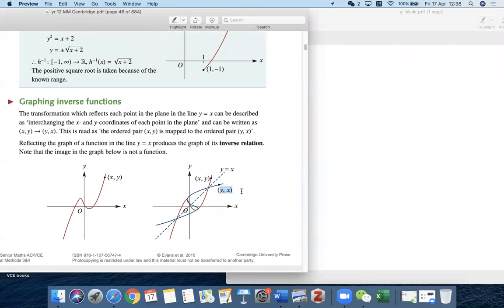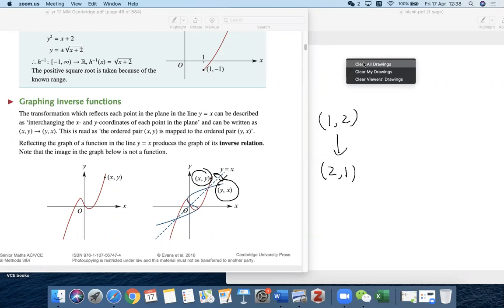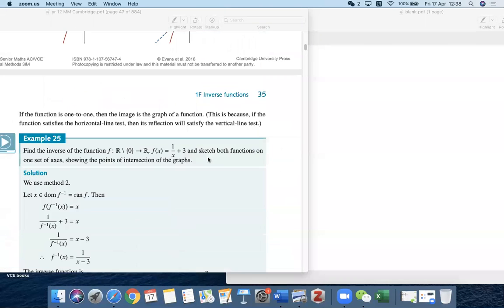For every single term, for example, if the original point is (1, 2), you switch to (2, 1), which means the ordered pair (1, 2) is mapped to the ordered pair (2, 1). So it's like doing the reflection. Okay, let's keep going.